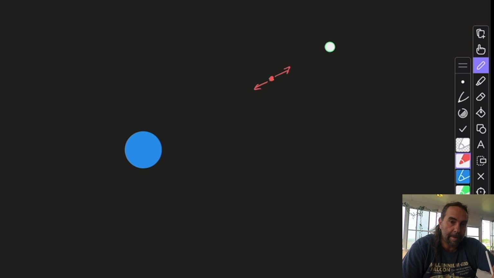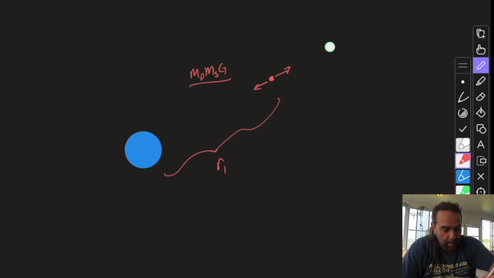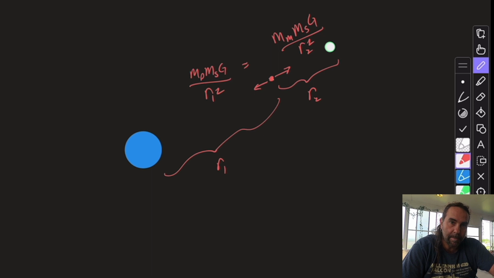Because you can find that there's got to be a place where the force between the mass of the planet, the mass of the satellite, and whatever this distance is, R1, would have to be equal to the mass of the moon times the mass of the satellite, G over R2. There's got to be a point where that's equal.